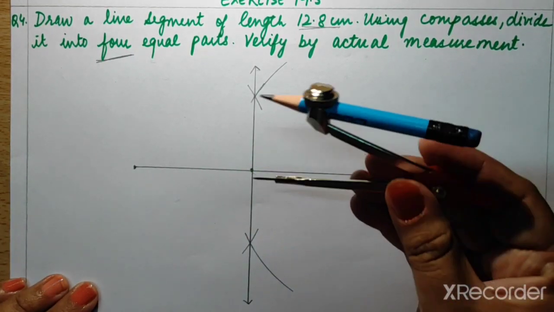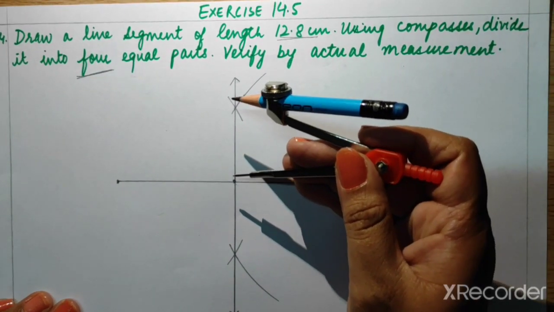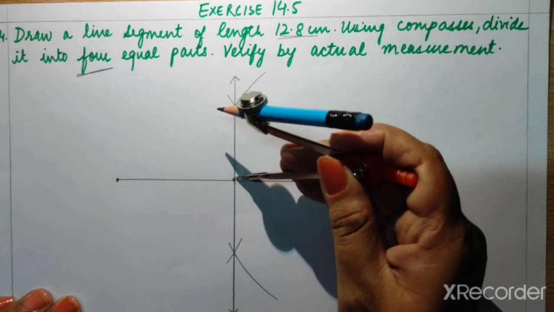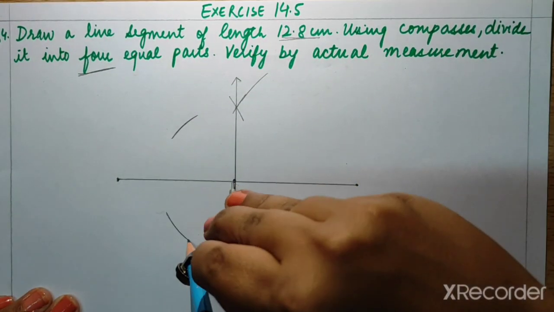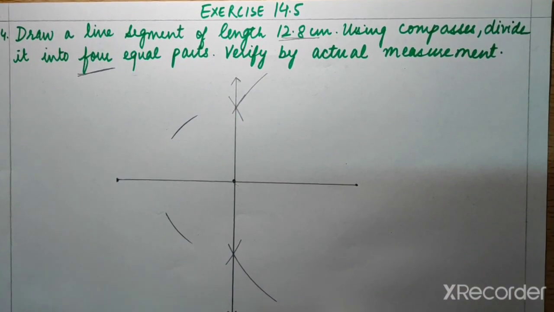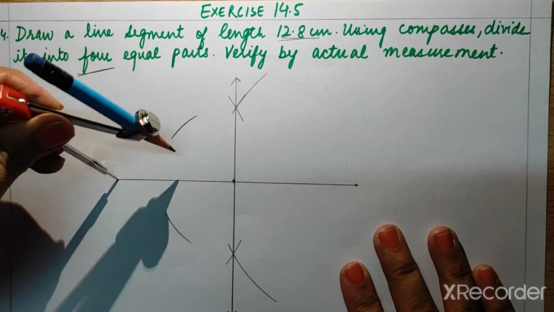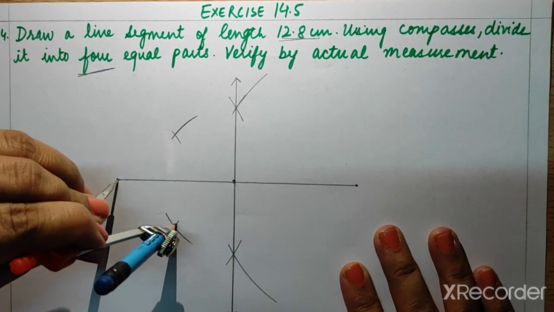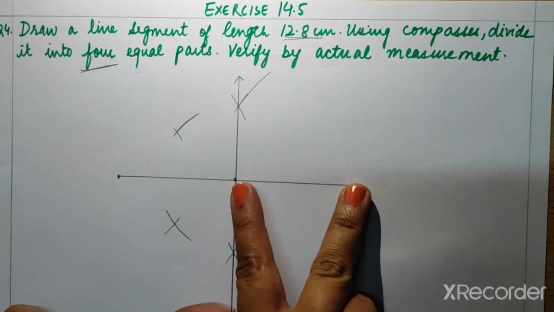These are the 2 endpoints, this is the end point of the first half. So we have to draw 2 arcs from here, above the line segment and below the line segment. Then again we will draw 2 arcs from the other end point of this first half. Now the same we need to do with the second half also.